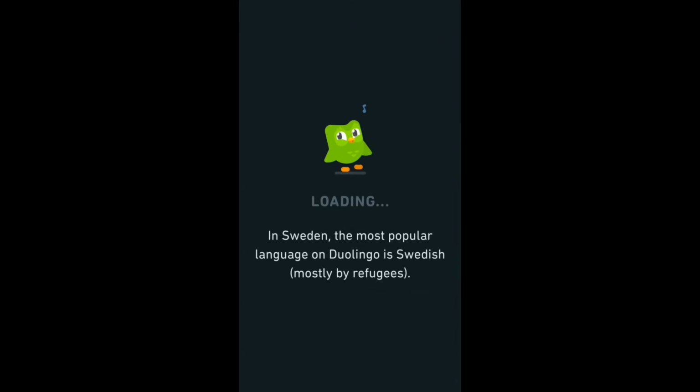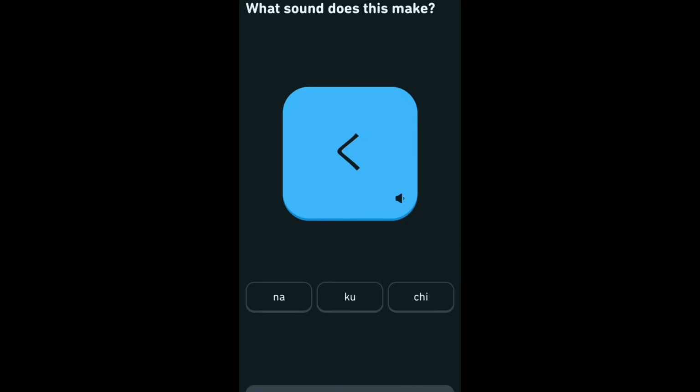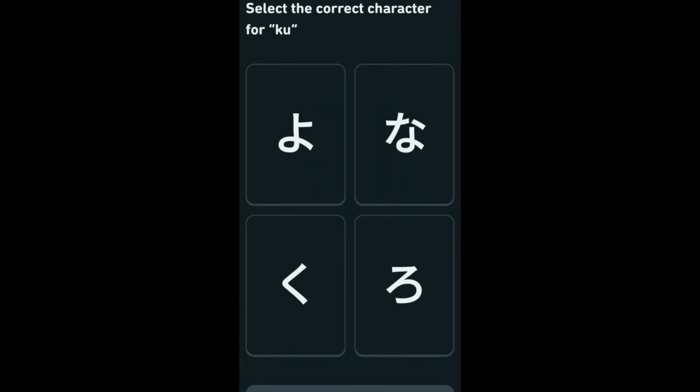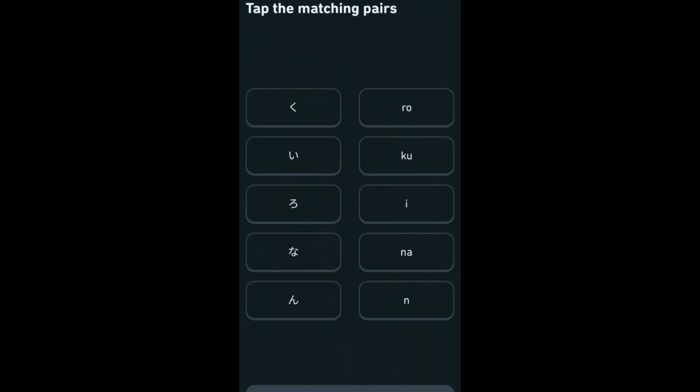So we're going to now start. This is a new one. This is ku. Great. What is the character for ku? Yeah, right. Great. Okay, the first one you should know, ku. Yes. Then this one, we've covered this. Okay, this one is new.